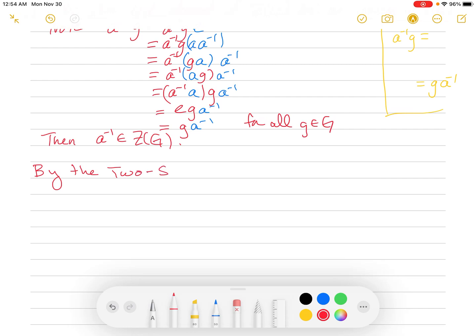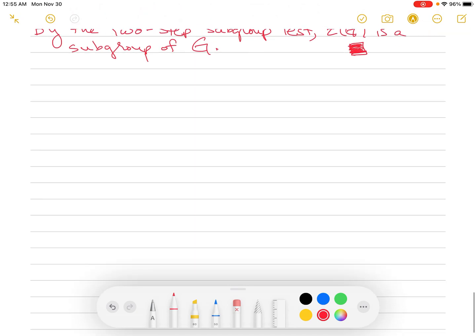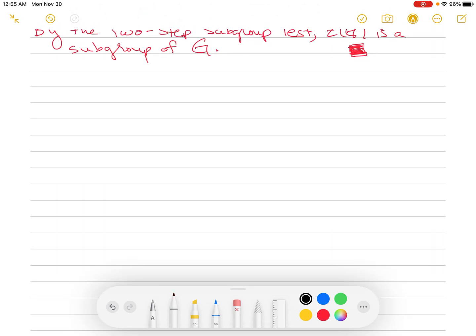So therefore, by the two-step subgroup test, the center of G is a subgroup of G. Okay. Throw another definition out there.